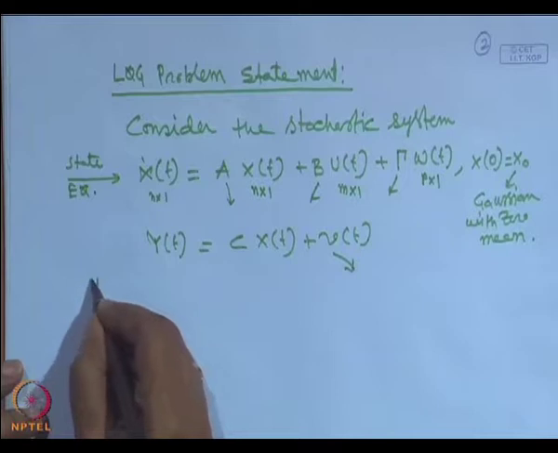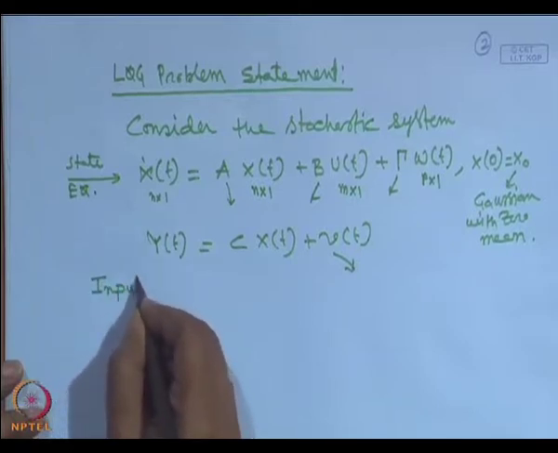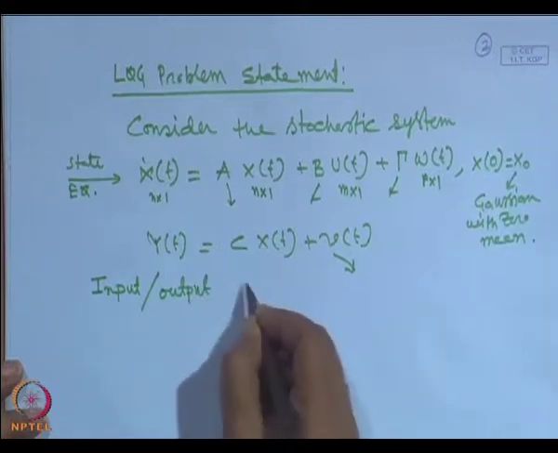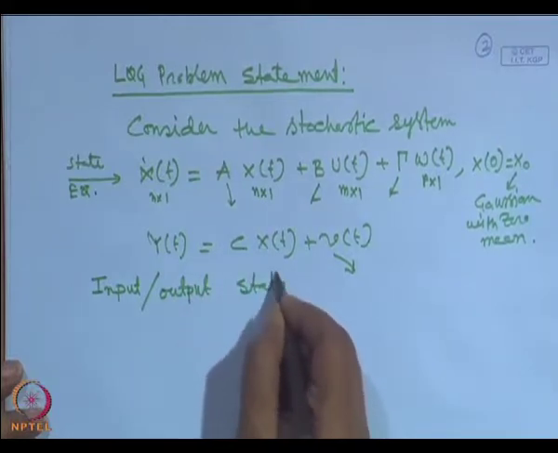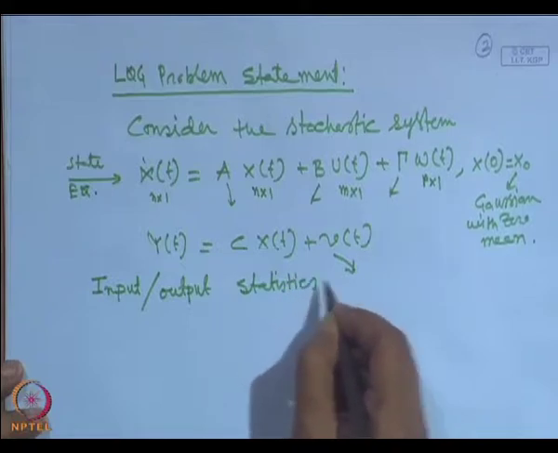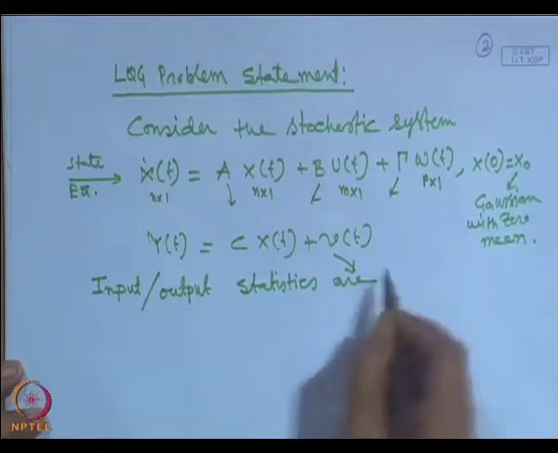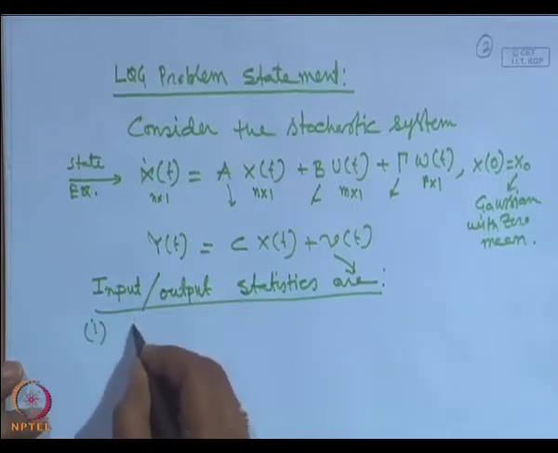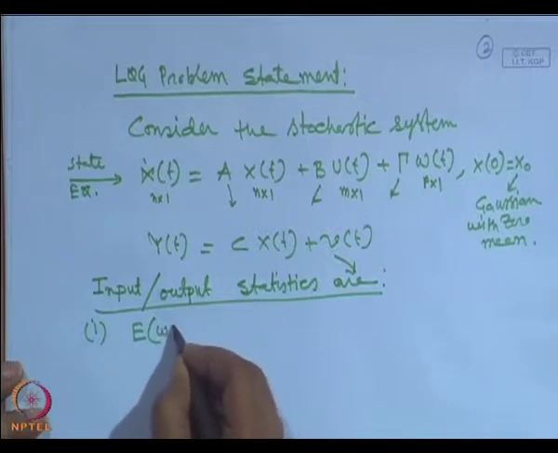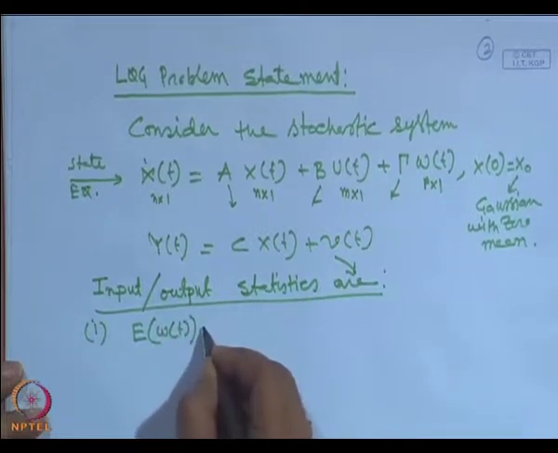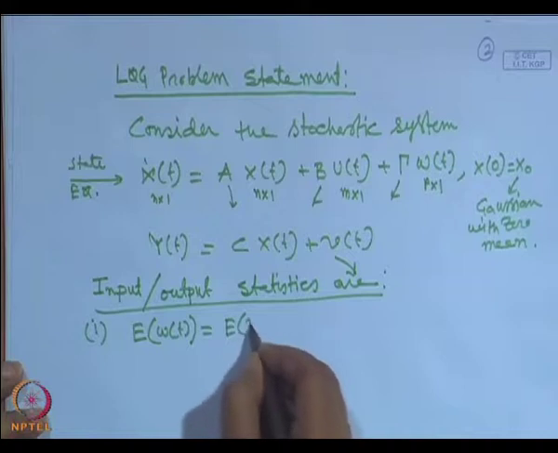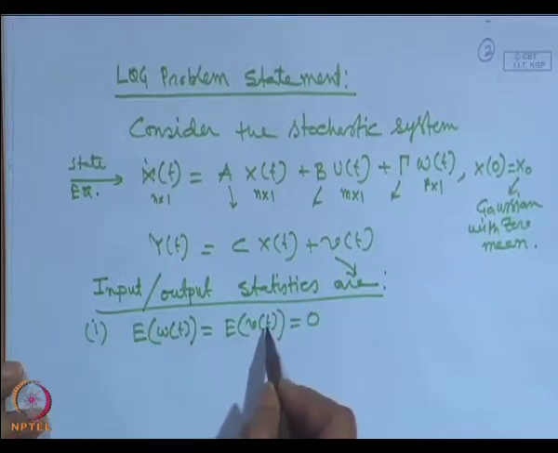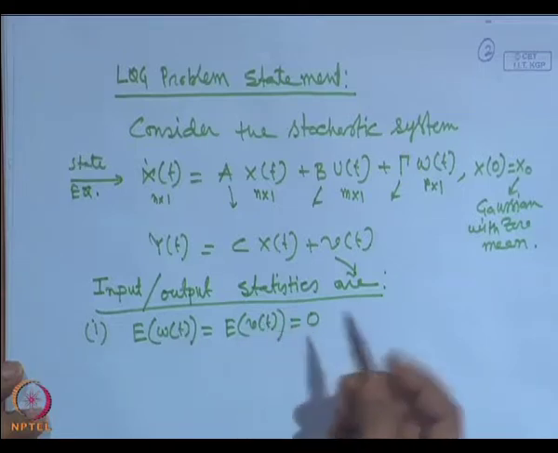The input and output noise statistics are as follows. First, the expected value of w of t equals the expected value of v of t equals 0, so both input and measurement noise are 0 mean.